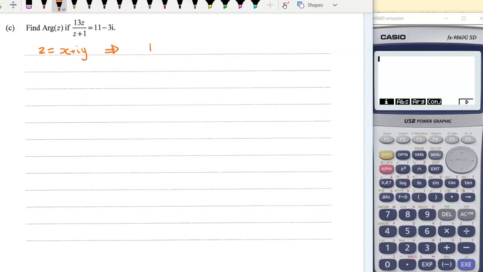Okay, so if that's true, then what we have is 13 times x plus iy over x plus iy plus 1 is equal to 11 minus 3i. So then 13x plus 13iy is equal to 11 minus 3i times x plus iy plus 1.